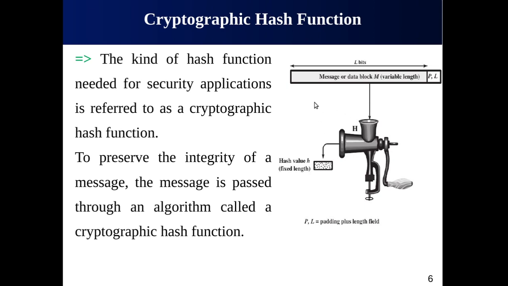And you can see the diagram is exactly the same as we just saw on the previous slide. We have a message or a block of message. Here we can represent it with M, and the total number of bits in this message is represented by L. One thing that is new is the letter P. This figure actually depicts the general operation of a cryptographic hash function.